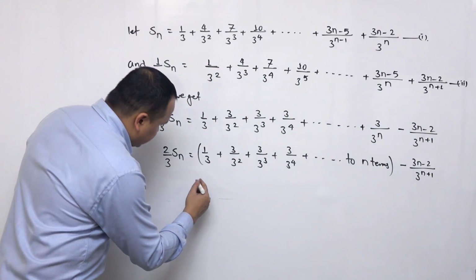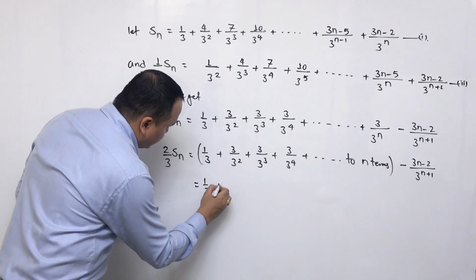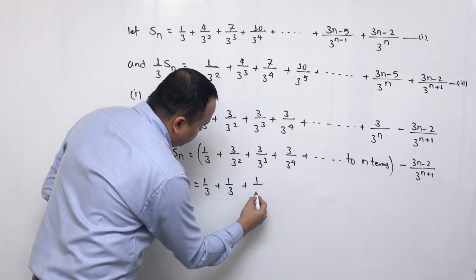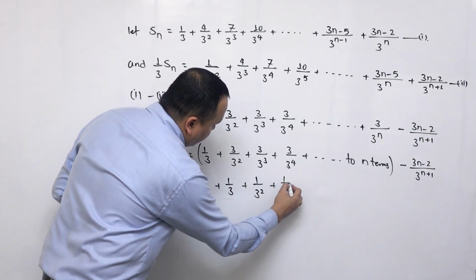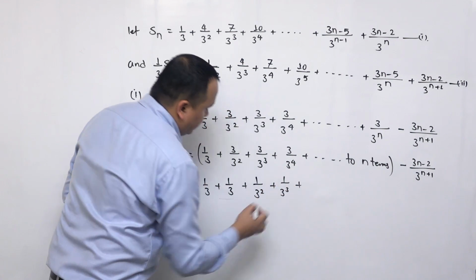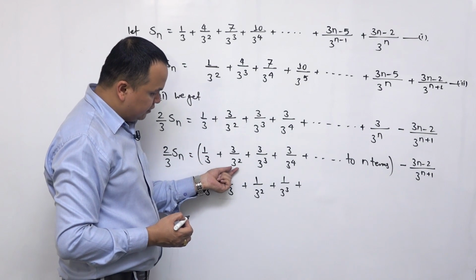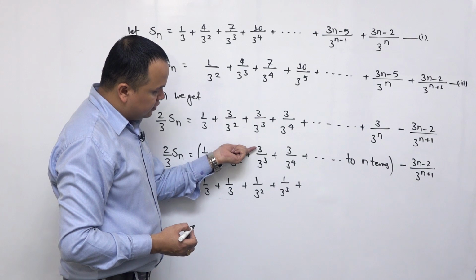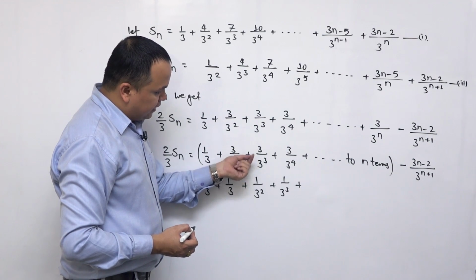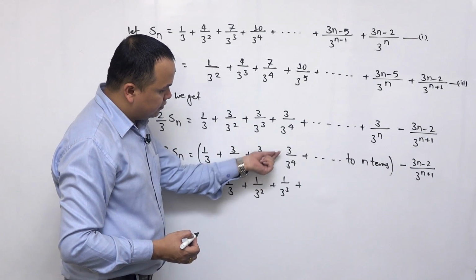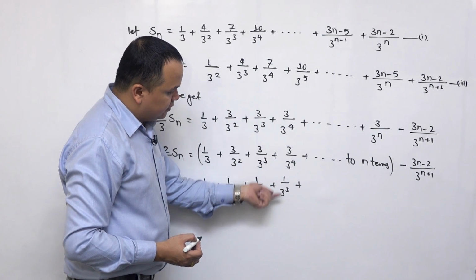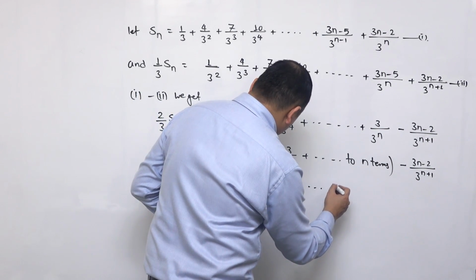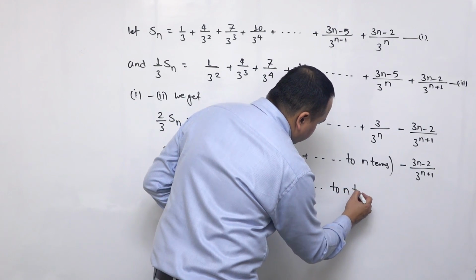Or this is, again continue, 1 upon 3 plus 1 upon 3 square, 1 upon 3 cube. Here 3 upon 3 square, 3 cancel, 1 upon 3 remaining. Similarly 3 and 3 cancel, 1 upon 3 square, 3 and 3 cancel, 1 upon 3 cube, plus dot dot dot 2 n terms.